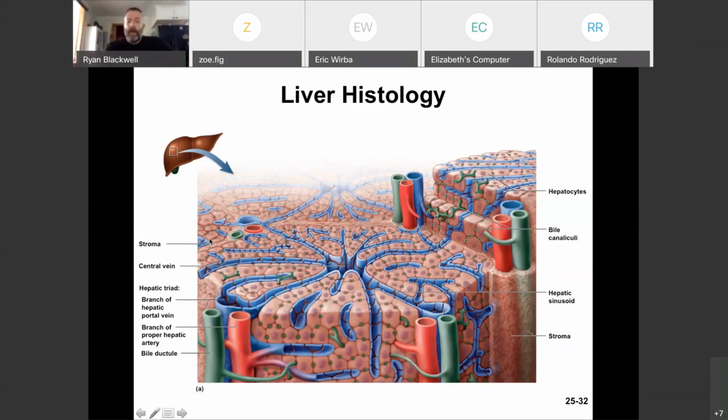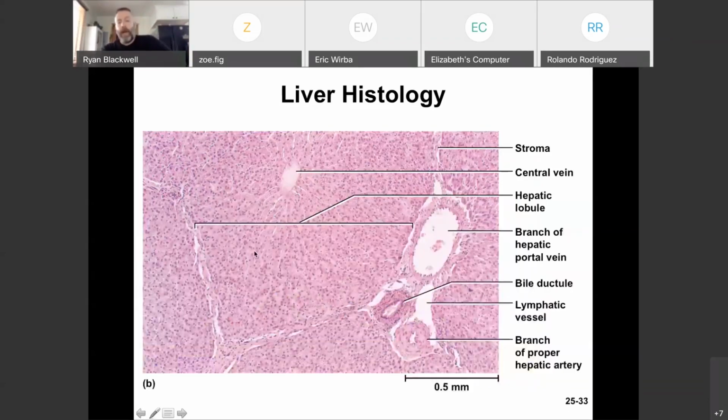Notice if we look at one lobule here in the cartoonist drawing, scrolling ahead to slide 33 on my microscopic image, here we see a textbook triad: a branch of the hepatic portal vein, a branch of the hepatic artery, bringing blood in, and a bile duct bringing bile out.